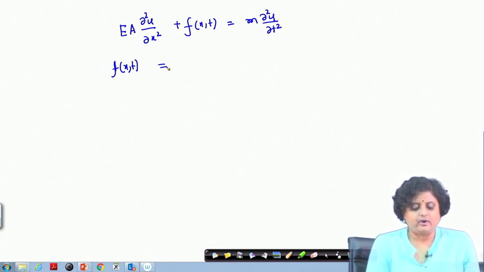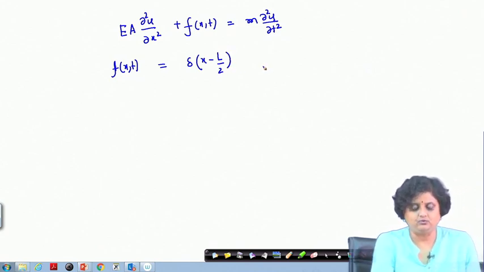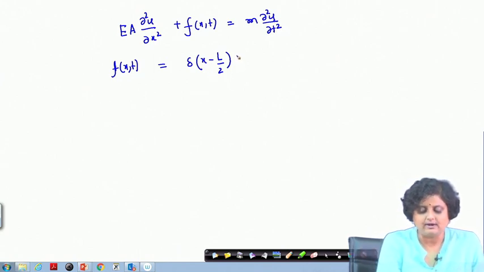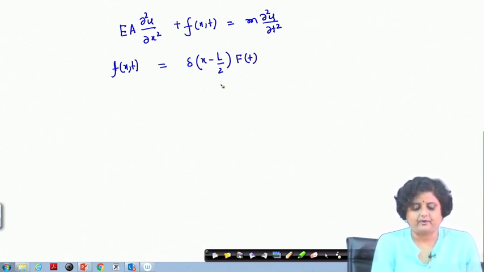The best way to represent F(x,t) as it is acting on the missile is a Dirac delta function at x equal to L by 2, or a Dirac delta function of x minus L by 2 into f(t). f(t) is the time part of the force, which is a half sinusoid with amplitude F0.